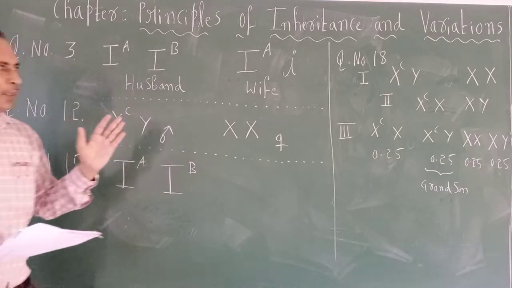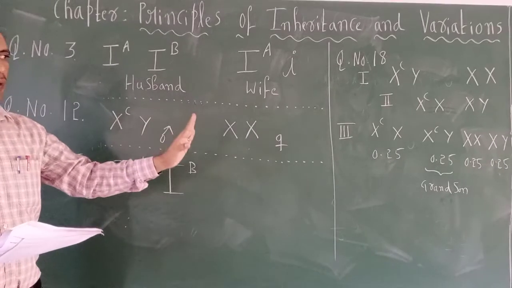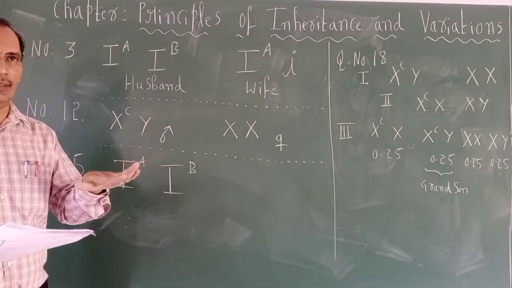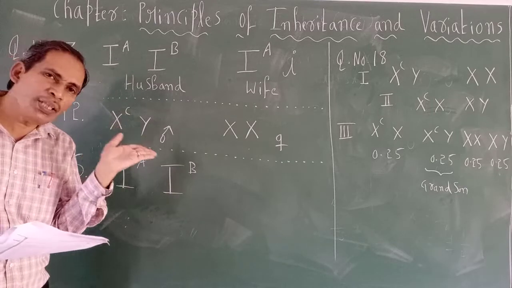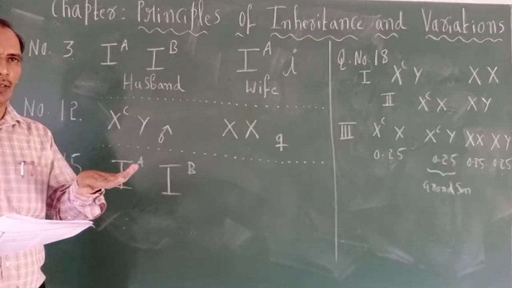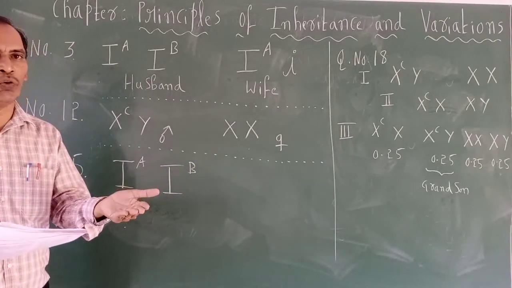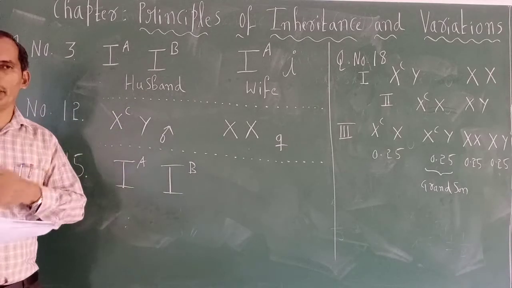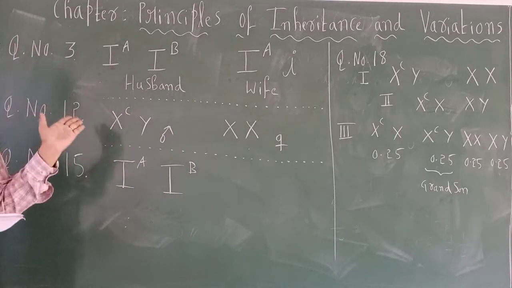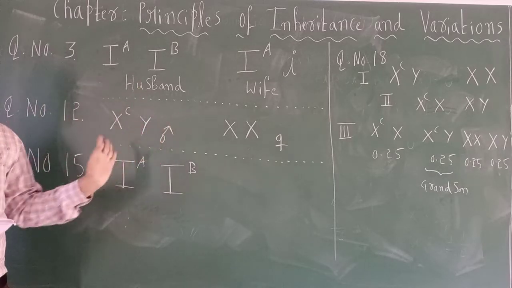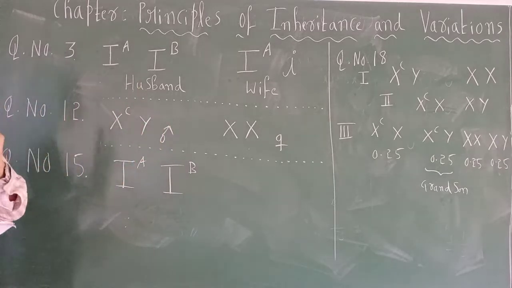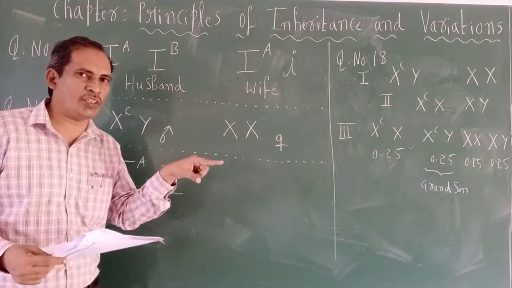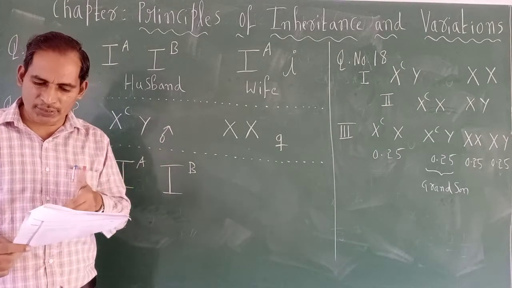So if the F1 generation shows the characters of both the parents, that means both the alleles are expressed, and that is codominance. You go through the monohybrid cross: tall crossed with dwarf, and in the F1 generation what did we get? Only the tall character. Only one of the characters of the parents expressed. But here, what is asked?